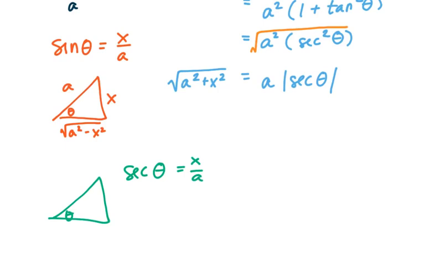Cosine is adjacent over hypotenuse, so this would be hypotenuse x over adjacent a, which gives me, by the Pythagorean theorem, that this vertical side on the right would be the square root of x squared minus a squared. And then again, you could develop an argument similar to this, that the square root of x squared minus a squared could be called a tangent theta.